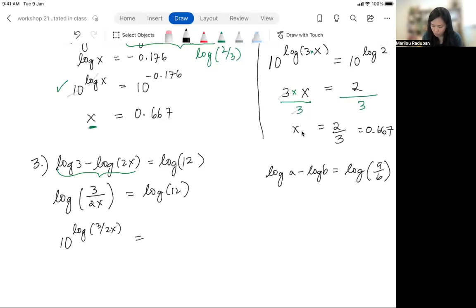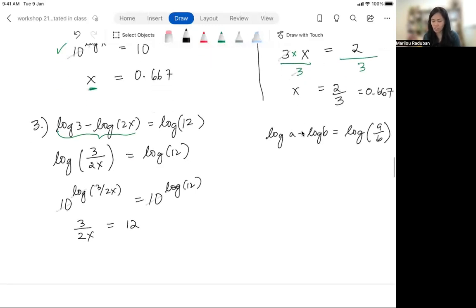You also have to do the base 10 on the other side. The base 10 and the log will sort of get rid of each other. So the left side will now just be 3 divided by 2x, and the right side is just 12.